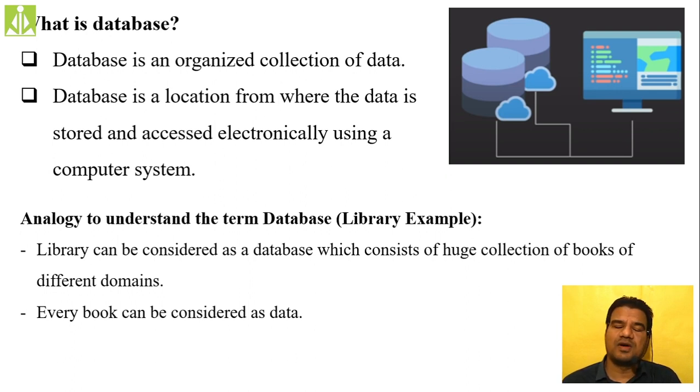All these books we maintain at a central location and call it a library. So we can treat the library as a database and every individual book as a data record. In that way you can remember the terms database and data.